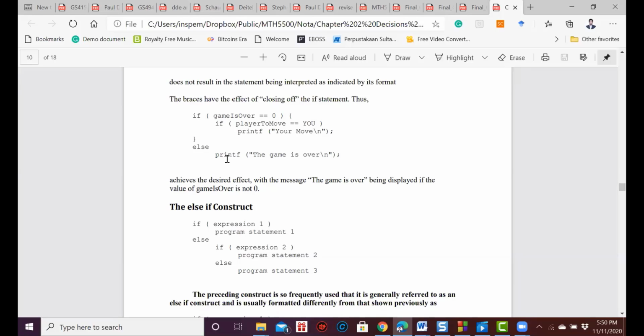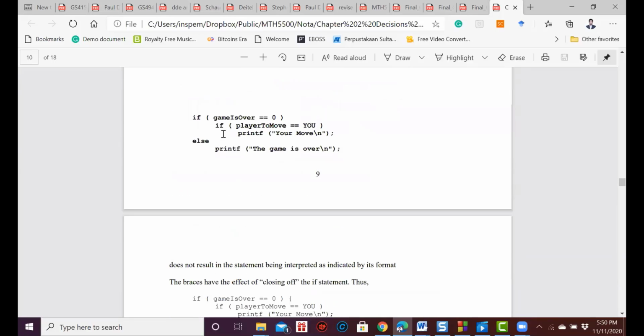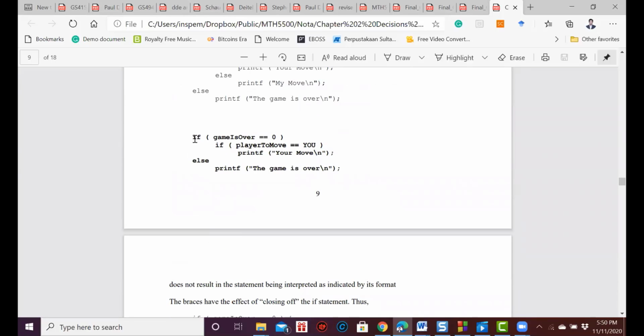If you are missing the curly bracket, the else belongs to the second or inner if, so the output will be wrong. That's why I highlight the bold one here.